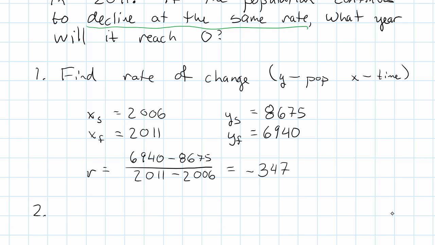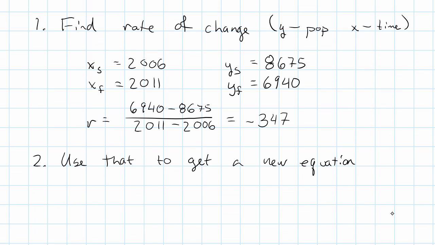And now we'll use that to get a new equation. I'm going to choose to still start from 2006, when the population was 8675. And now I want to know the year when the population is 0.